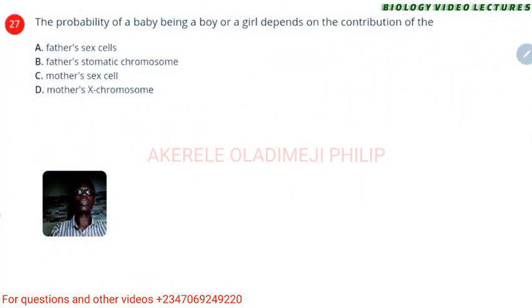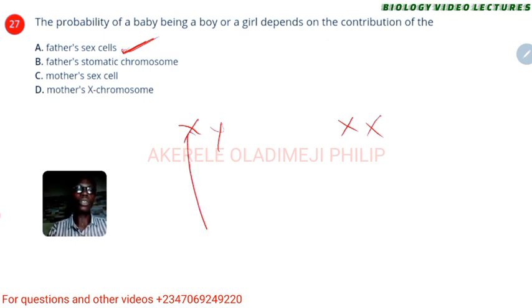Now, the probability of a baby being a boy or a girl depends on the contribution of the father's sex cells. What are a man's sex cells? X and Y. What are the mother's sex cells? X and X. So why is it that it is the father's sex cell that determines?